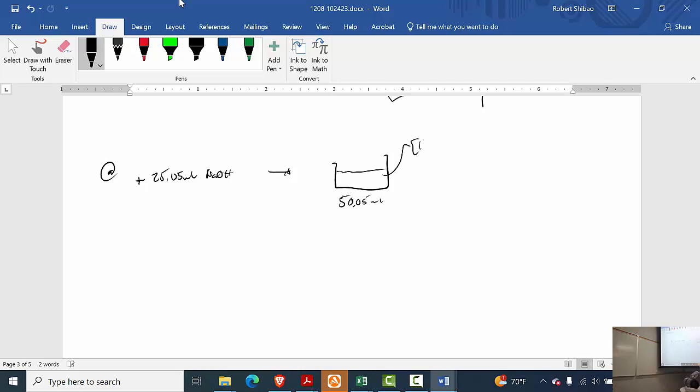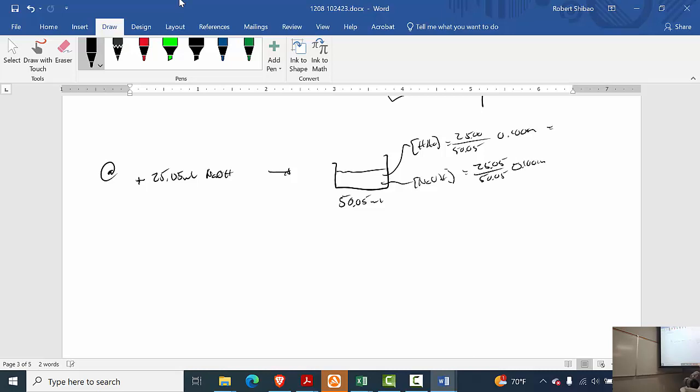And then let's go ahead and start over with the acetic acid. This is going to be a 25 to 50.05 dilution of 0.100. And the sodium hydroxide is going to be a 25.05 to 50.05 dilution of 0.100.